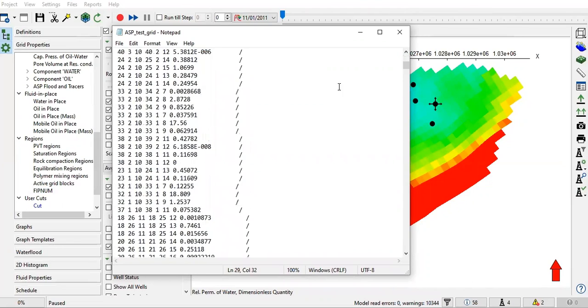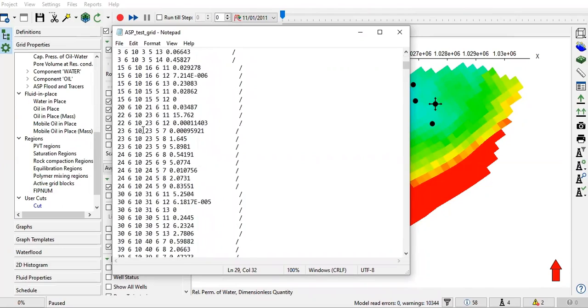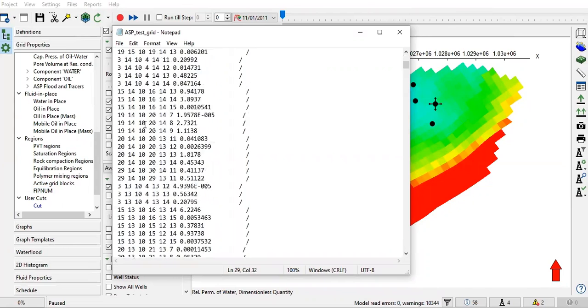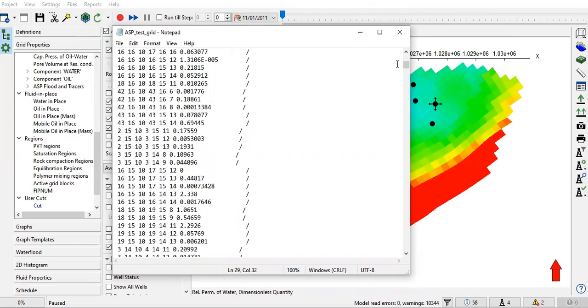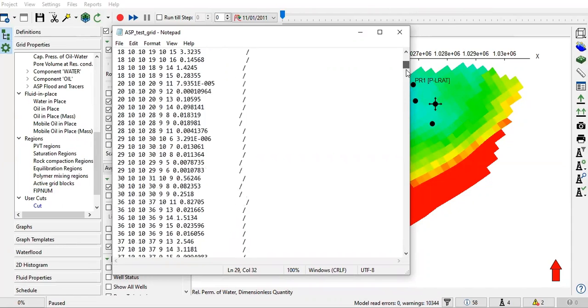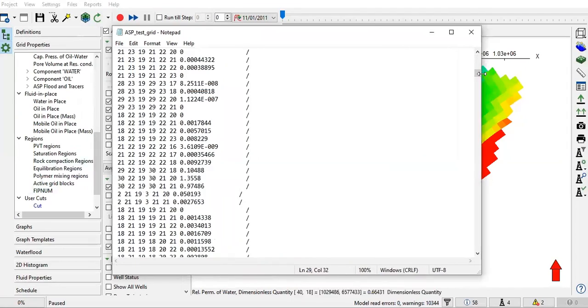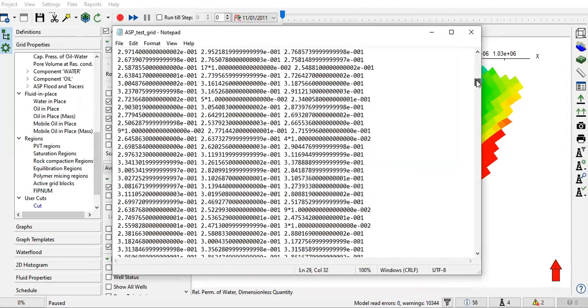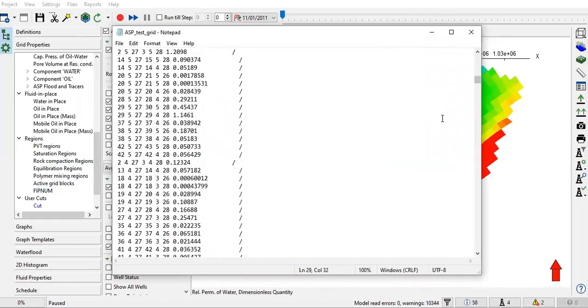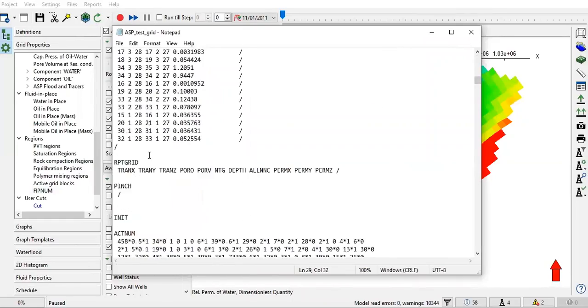And then we go to, what is this? Doesn't matter, I think. Yeah, this is basically about our grid. Everything here is about the grid.